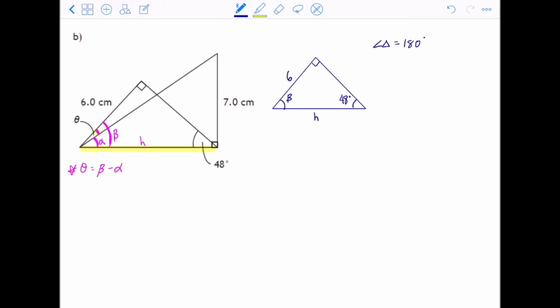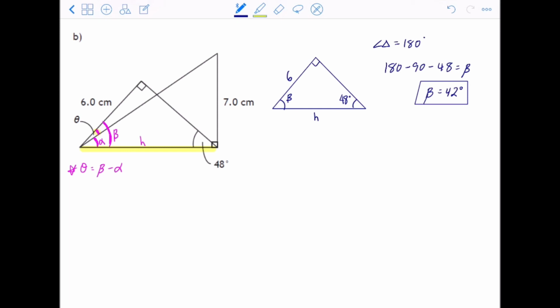So we take 180 minus 90, which is the right angle, minus 48. This equals angle beta. So 90 minus 48, you get beta equals 42 degrees. So we already found out what beta is.